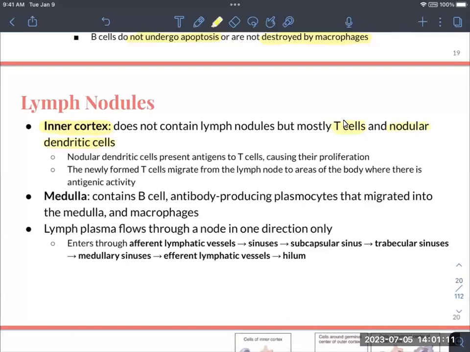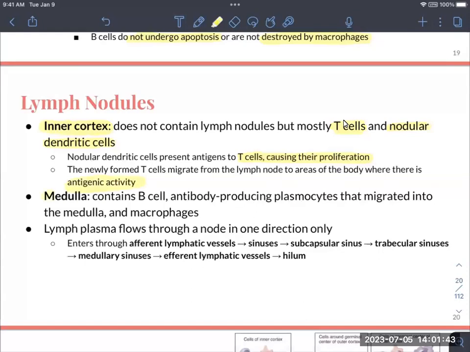T cells, on the other hand, will start to proliferate, so they will divide rapidly. These T cells are going to travel to wherever this infection might be, and they're going to produce an antigenic activity. They're going to break down whatever cells or microbes are there to fight them.